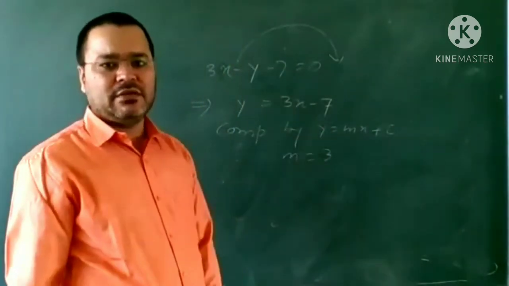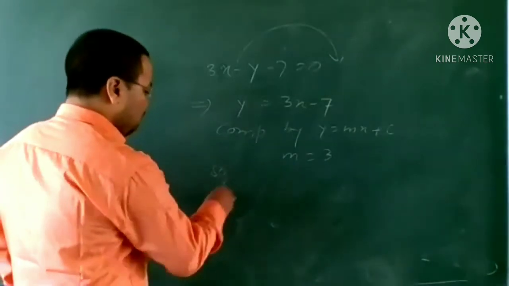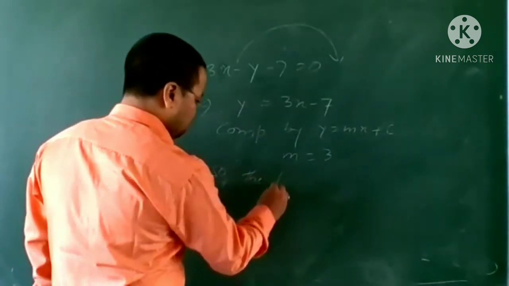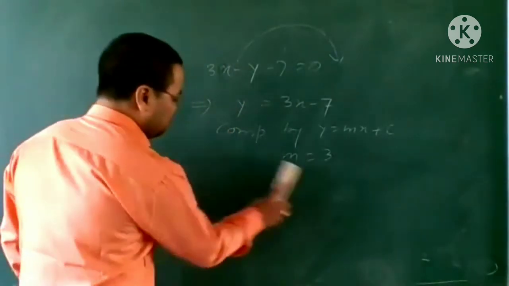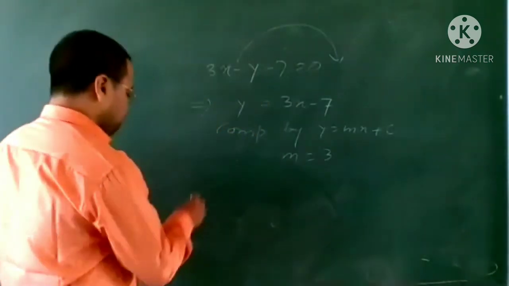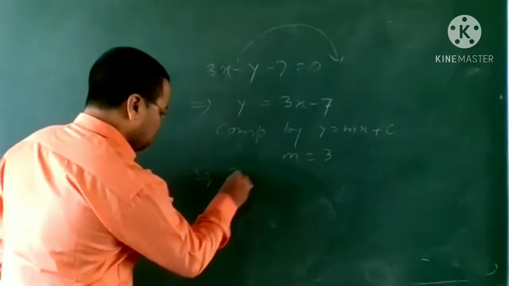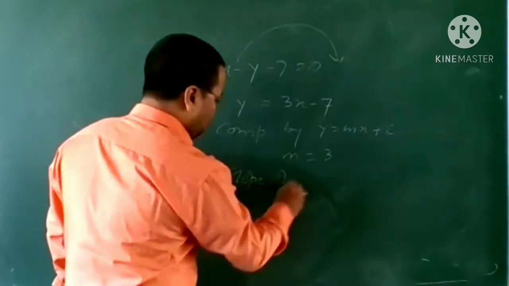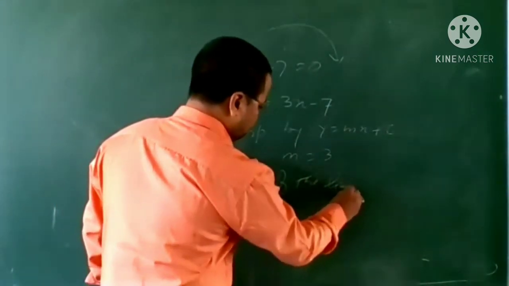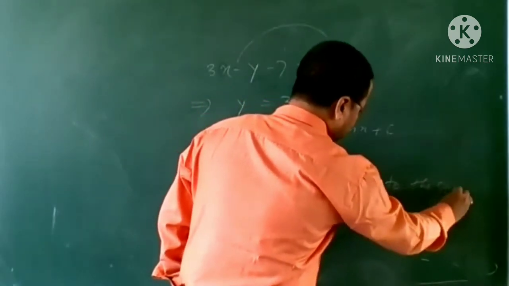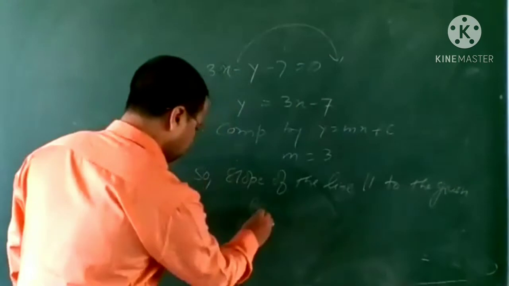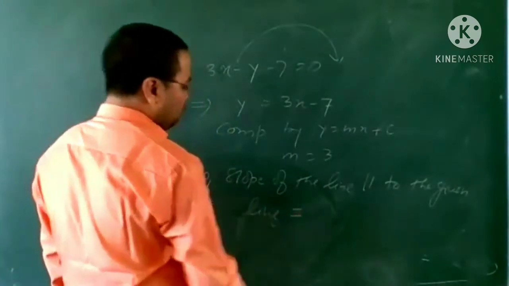That will be 3. So the slope of the line parallel to the given line is equal to 3.